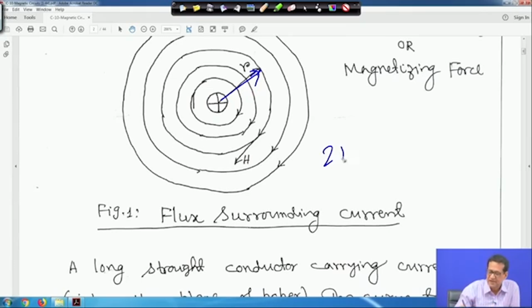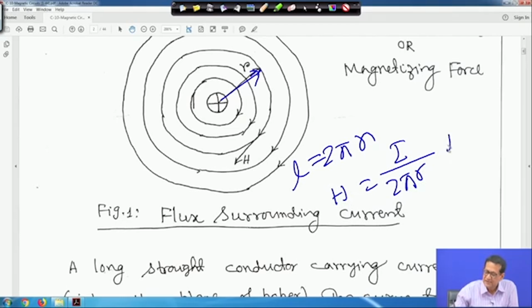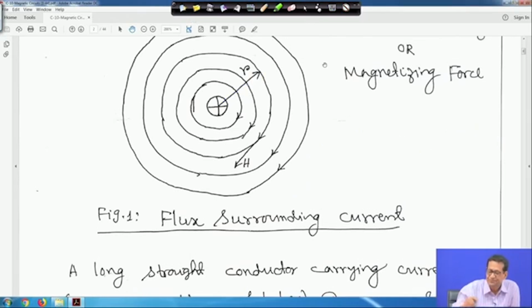It is circular, so the circumference, that is the length, is 2 pi r. Therefore H is equal to I upon 2 pi r, in ampere per meter. This is Ampere's law.